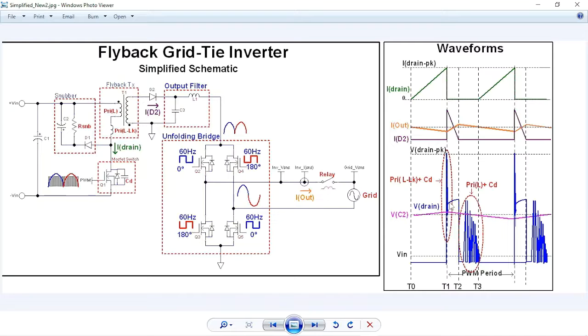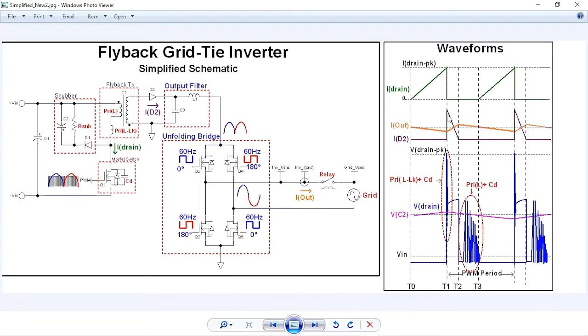So now the drain is sitting here at some high voltage, and its energy is being sent to the secondary. And so C3 is charging up. So you can see ID2, and then you can see this I output is being fed by C3, which is being charged up. So that's why it's ramping up.